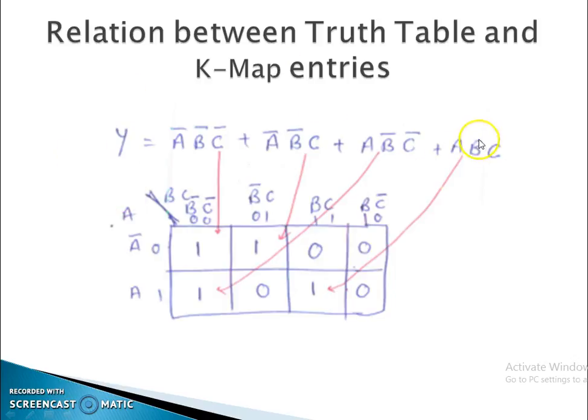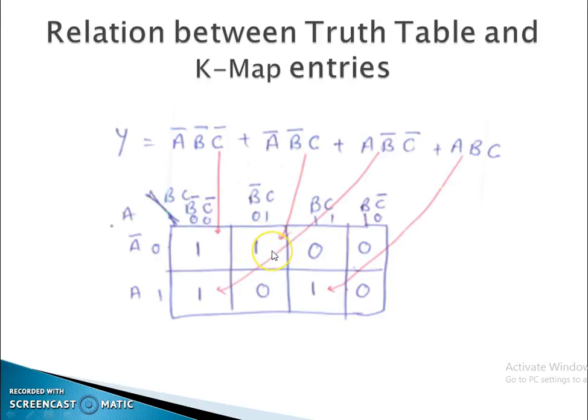If the Boolean expression is given, then how will we make the entries? Suppose this is our Boolean expression. The first min term is A complement, B complement, C complement. So the block of this min term will be filled by 1. The next min term is A complement, B complement, C, and the block of A complement, B complement, C is this.